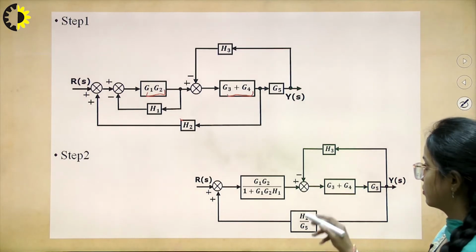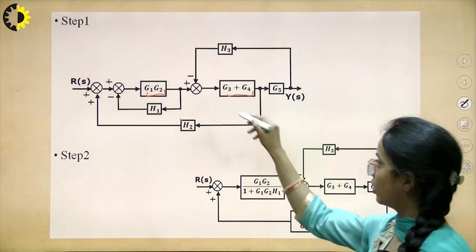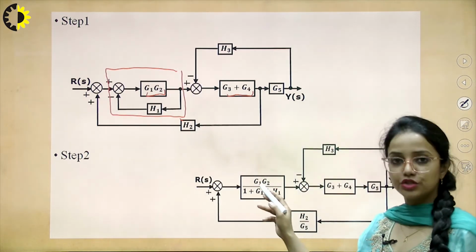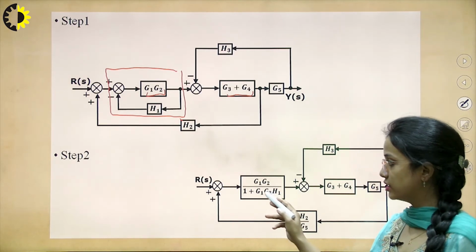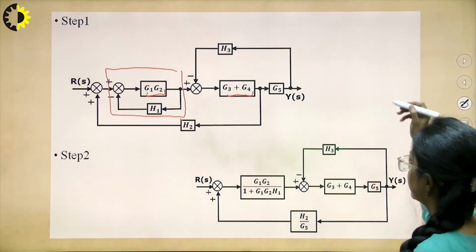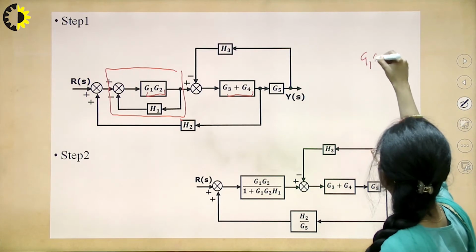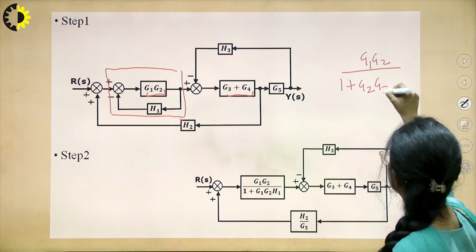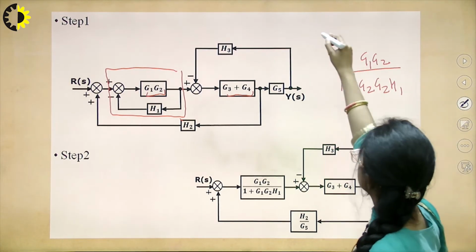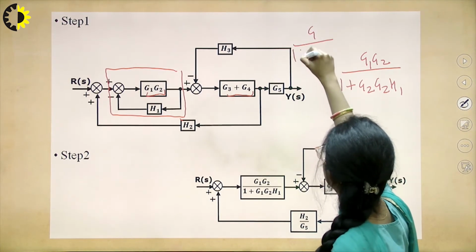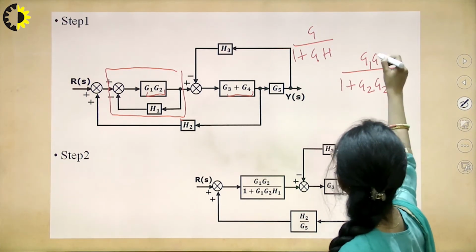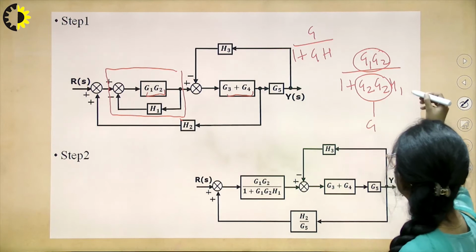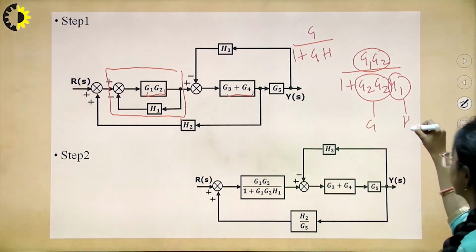Here G is G1, G2, so I can write it as G1, G2 upon 1 plus G1, G2 H1, which is the same as G upon 1 plus GH. So this component is G, and this component is H in the generic formula.